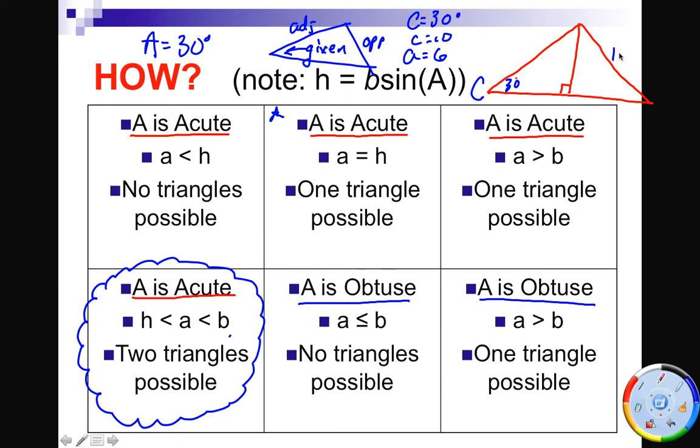I would say across is 10, and the connecting side is 6. I drew it this way because then the orientation is always the same for every triangle that I draw. So I don't get confused when I'm talking about, oh, is A acute? Well, I'm actually talking about C now, the given angle. All right, so let's look at a couple examples. That's what you guys are here for.